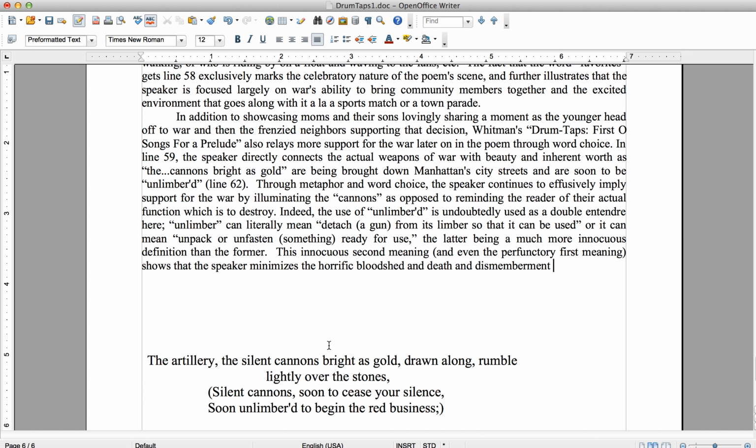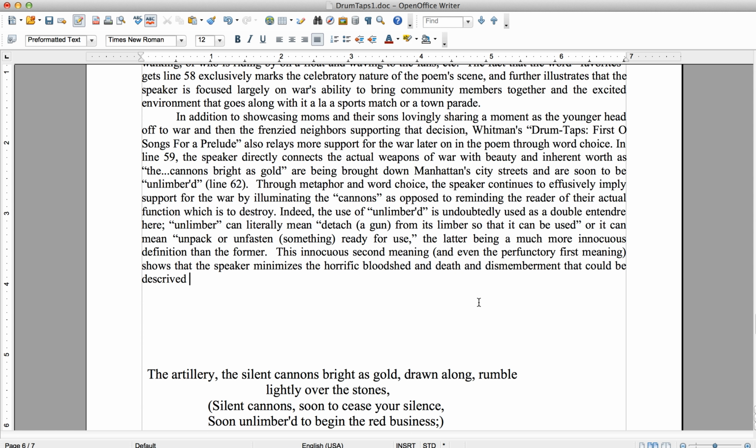how, you don't want to put other quotes in, because you just want to quote the poem, right? But you could talk about a counterpoint. You could talk about what the poem could focus on if that's part of your thesis, right? Which is, it's sort of a part of our thesis. It's minimizing the atrocities of war and death and dismemberment that could be described in the poem, yet is not.